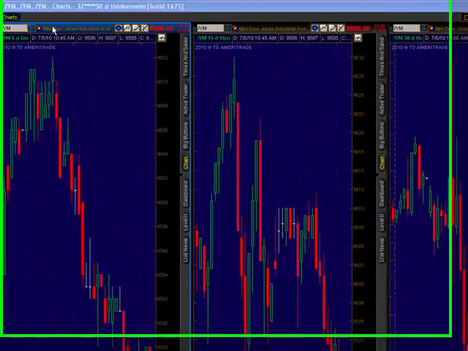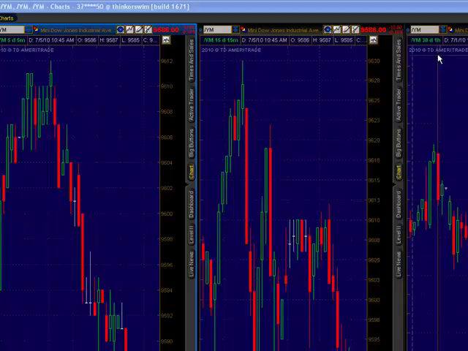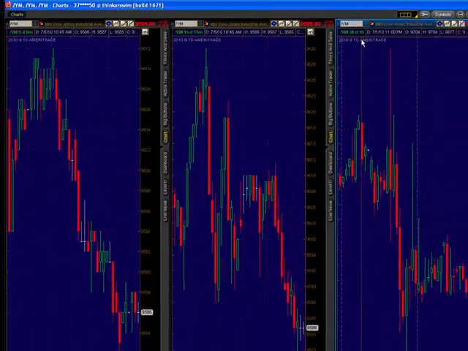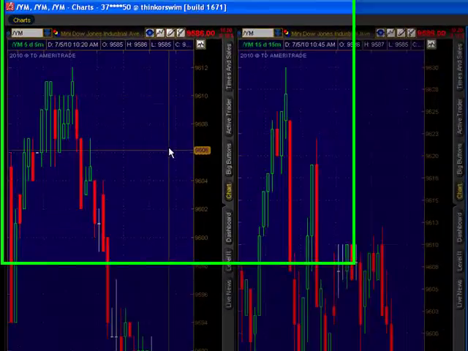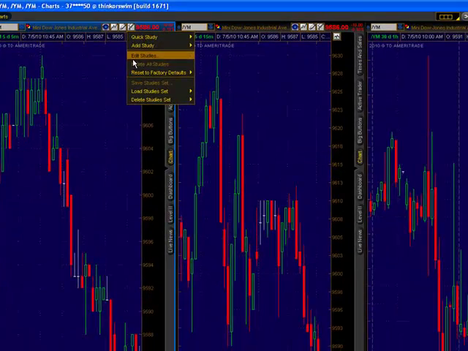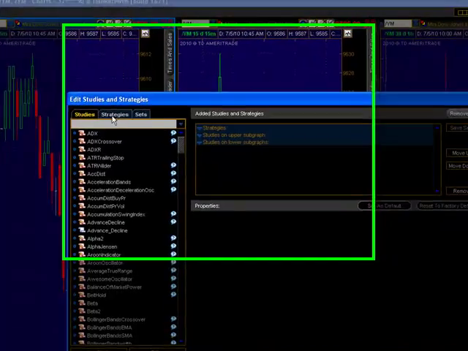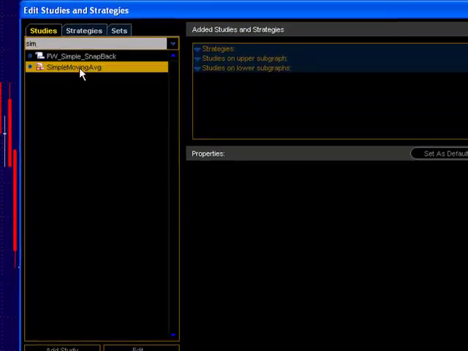So here we are. We've got a 5-minute chart, a 15-minute chart, and a 1-hour chart. We're going to put on our moving averages. Again, we have a 5 and a 20 moving average for each of these charts. So I'm going to go into my studies and look for my moving average. There it is. Put 2 on here.